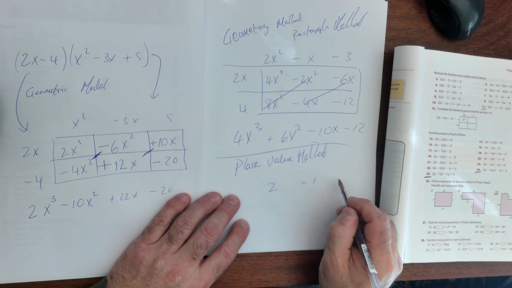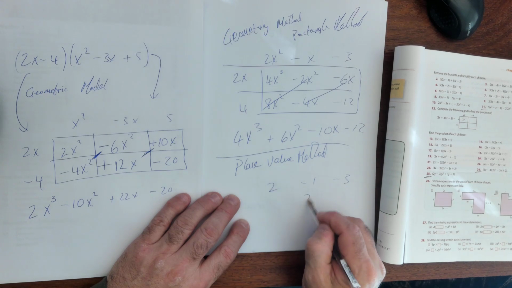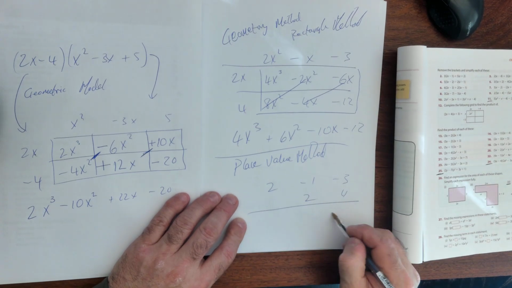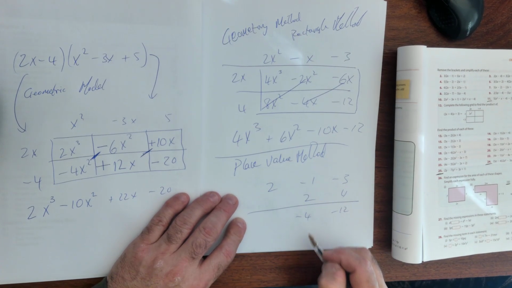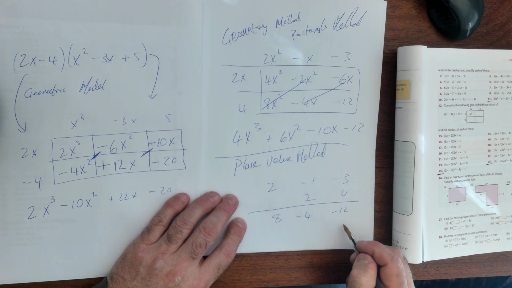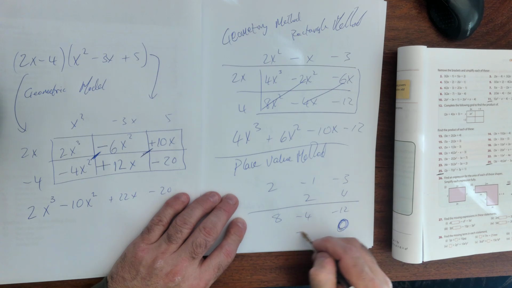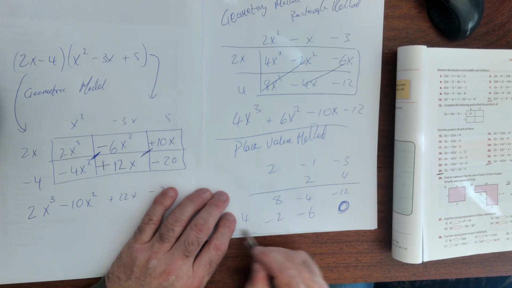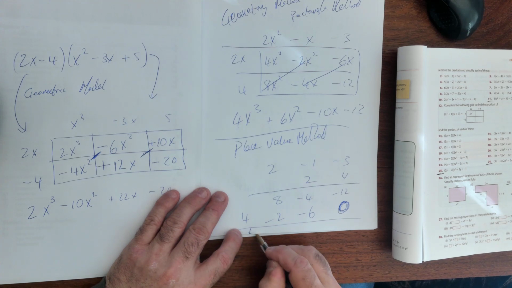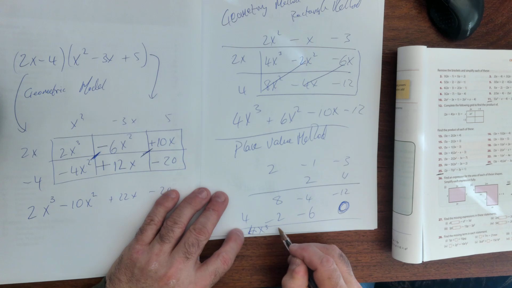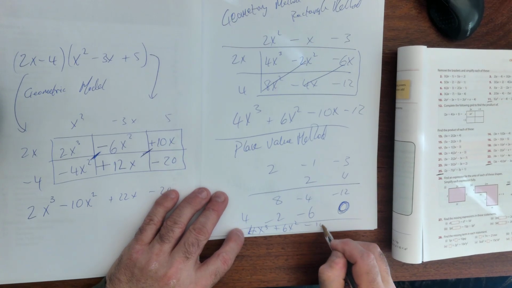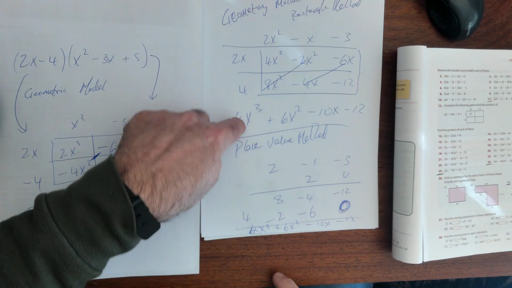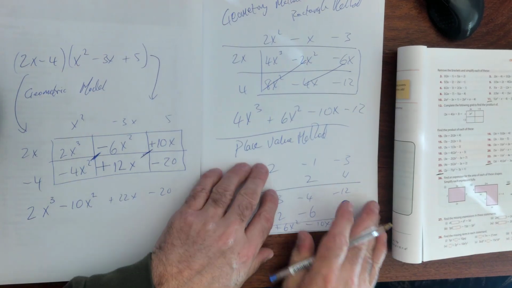Two, negative 1, negative 3, multiplied by 2, 4, negative 12, negative 4, 8, 0, always 0, we say Oreo, don't we? Negative 6, negative 2, 4, and our answer populated with x's is 4x cubed plus 6x squared minus 10x minus 12. Hopefully the same. Yes, it is.